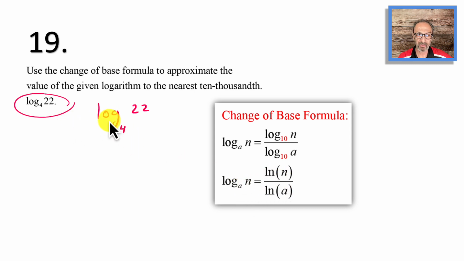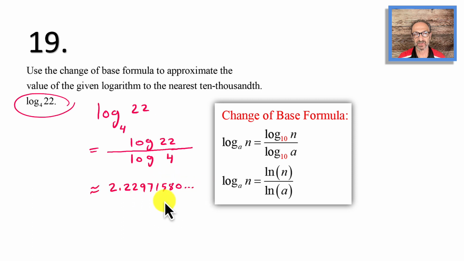So this is the problem, log 22 base 4. Using this idea, usually we don't write the 10. If we just write log, it means base 10, the common log. That becomes log 22 base 10 over log 4 base 10, or in short we say log 22 divided by log 4. Just apply it to the calculator, divide, and you get this much.